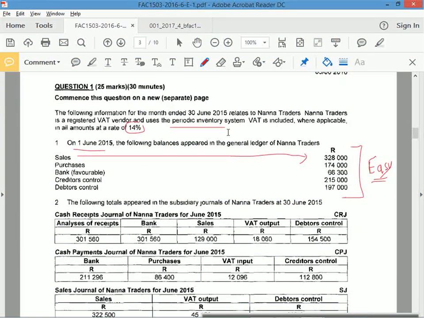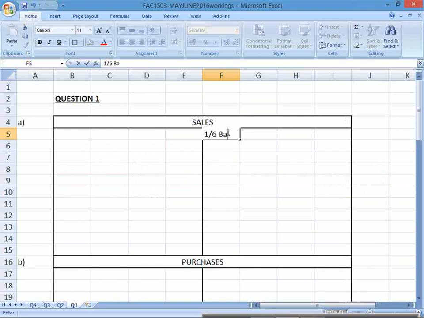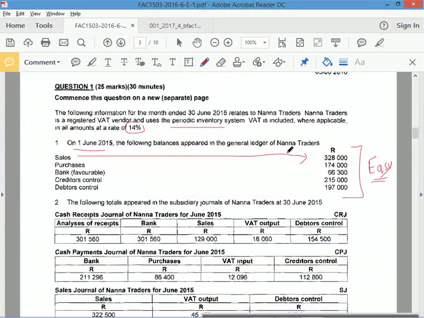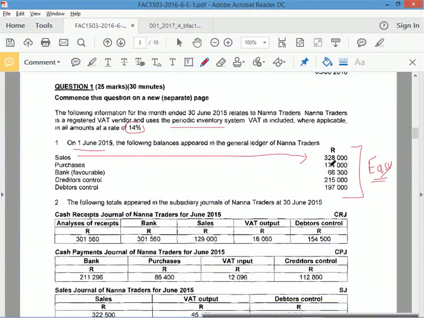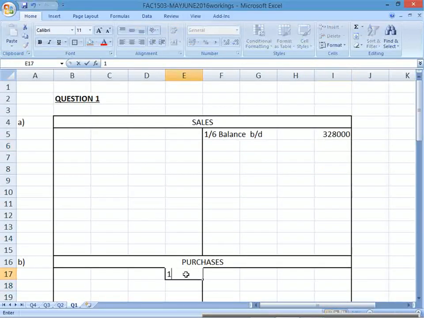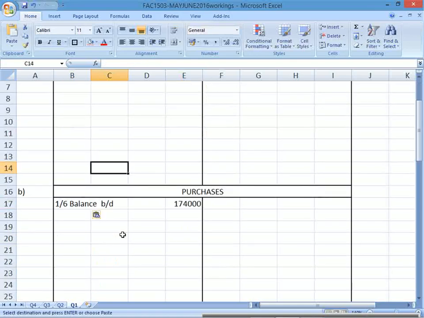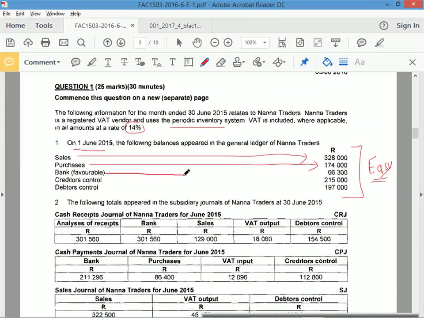1 June. Balance brought down, 328000. Purchases, what type of account? Expense, 174. Balance brought down. Next, bank favorable. If it's favorable, it's an asset.